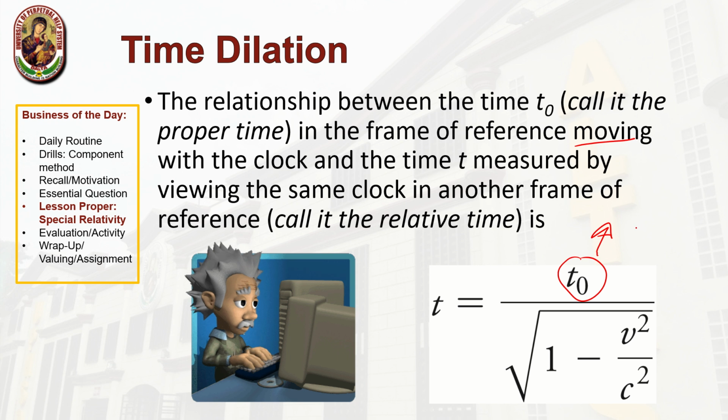Okay? So, di ba sabi natin when we say inertial reference frame, we say that the acceleration is zero. In all situations that we will be having here in time dilation and length contraction, these are all assumed to be inertial. Okay, meaning if it is moving, it has a velocity that is constant for it to have a zero acceleration.